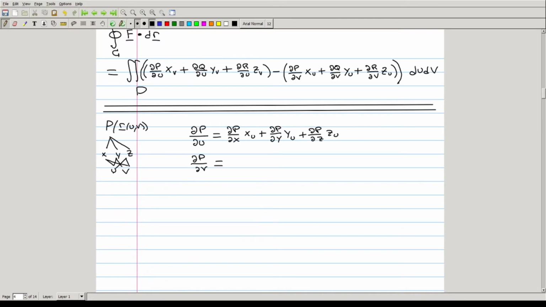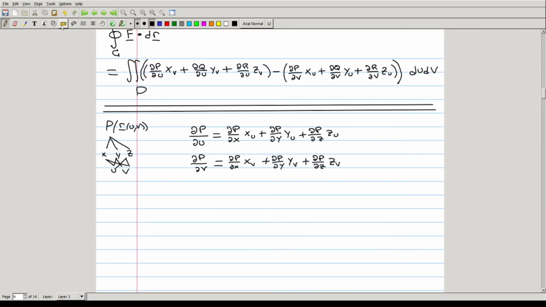The multivariable chain rule states you've got to go through all possible paths of dependence for p depending on v. This is dp dx times xv plus dp dy times yv plus dp dz times zv. This is the multivariable chain rule for the partial derivatives of p with respect to u and v. You have to do the same thing for q and r as well.